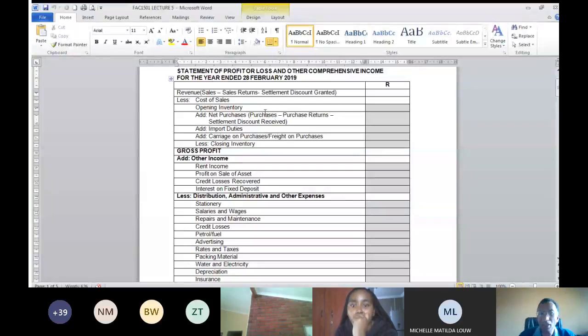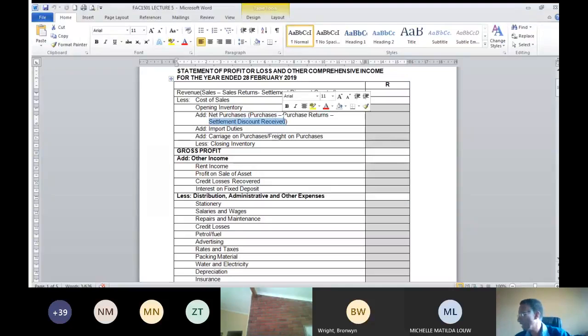So if you want to calculate your net purchases, it will be the purchases minus the settlement discount received in my example that I just had now. Okay, so when we talk about the net purchases here, guys, the net purchases will then be the purchases minus purchases returns minus the settlement discount received.